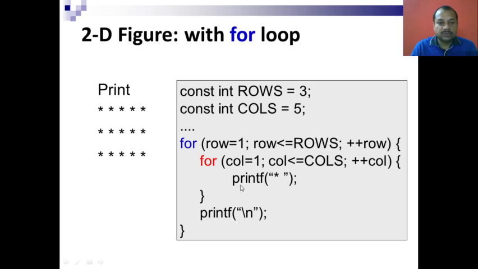Once I reach the next row, then again I will go for the printing, and once the printing of the required number of rows is over, then I will come out of the outer loop. So these two examples are simple. The previous one was implemented using while, now it is implemented with for.